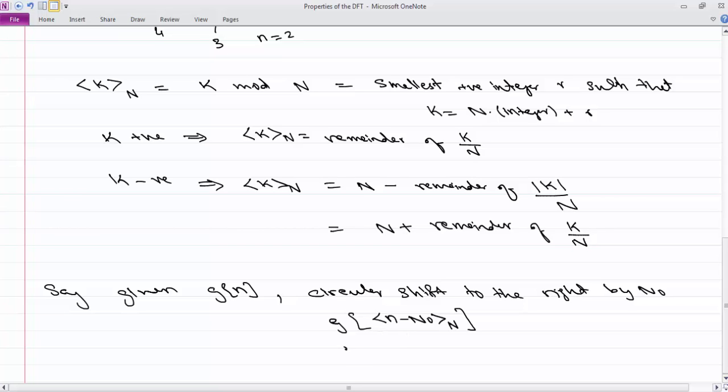And similarly to the left, it will be g of (n plus n naught) mod N.